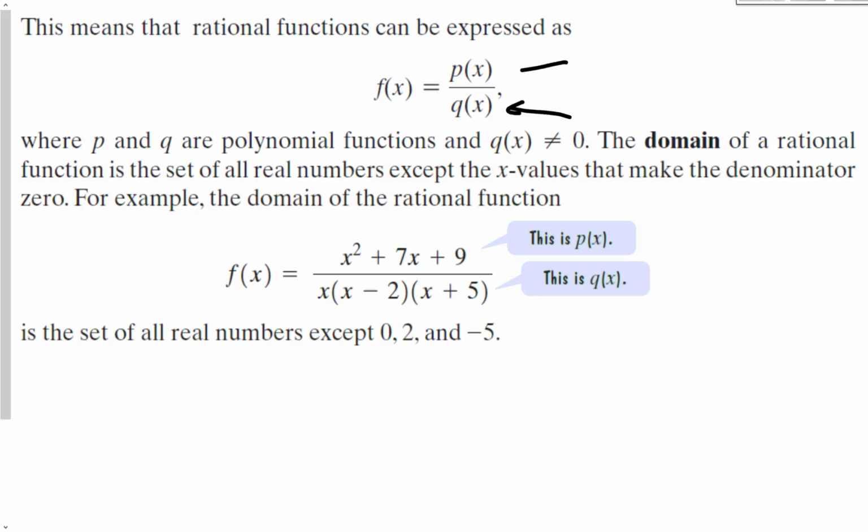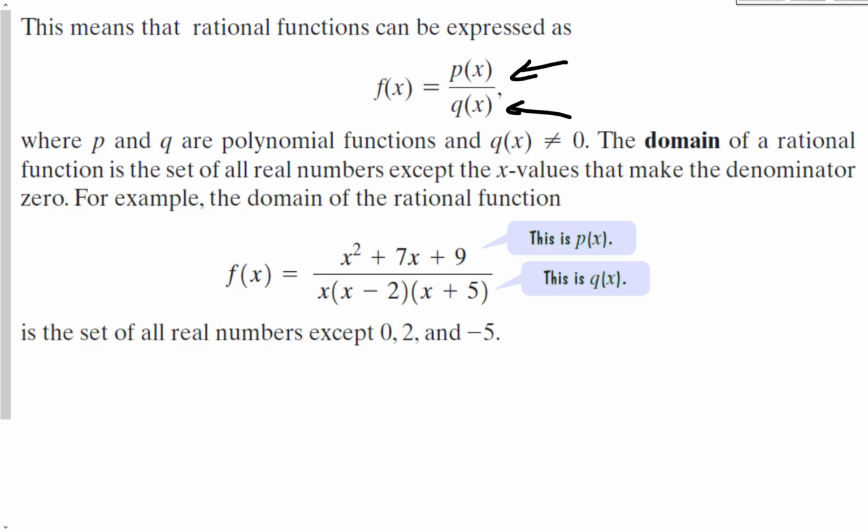We talked about symmetry, end behavior, turning points, and finding where the graph crosses the x-axis, using multiplicity to figure out whether the graph goes straight through the axis or turns around at that point. The techniques for rational functions are going to be slightly different.